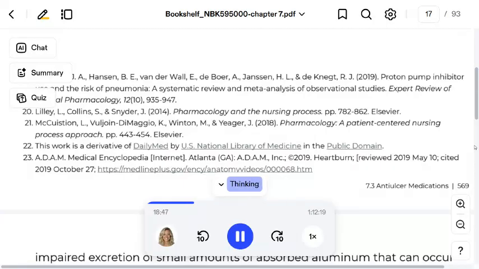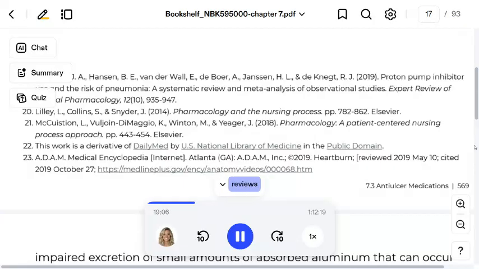Critical Thinking Activity 7.3. A client who recently underwent surgery has a medication order for daily pantoprazole. The nurse reviews the client's medical history and finds no history of GERD or peptic ulcer disease. The client does not report any symptoms of heartburn, stomach pain, or sour stomach.